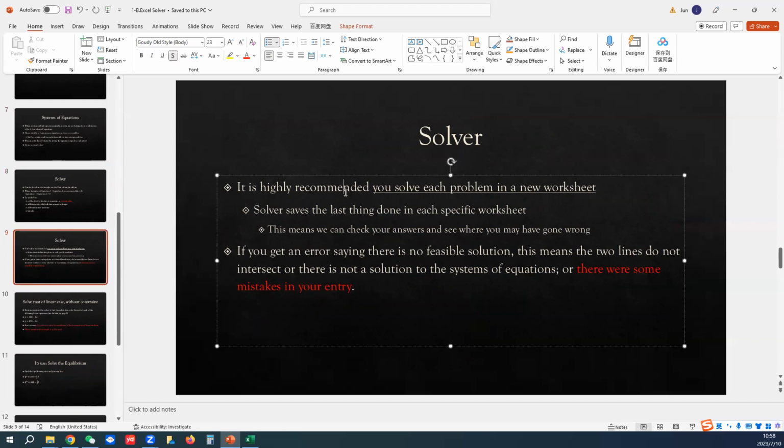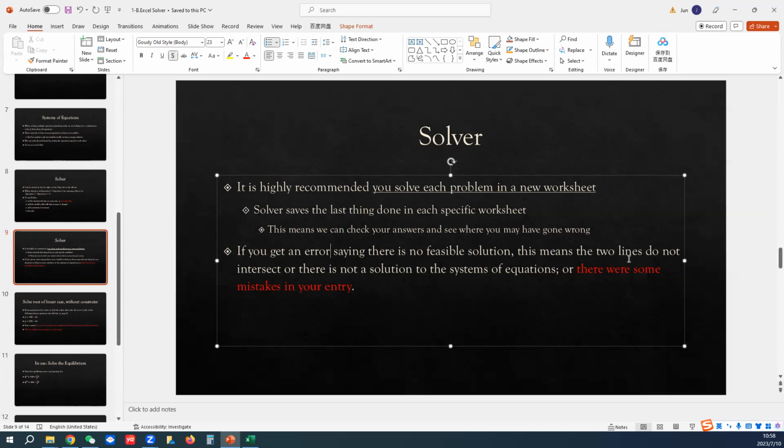One is you didn't follow this protocol, which is that you are required to solve each problem in a new worksheet, because Solver utilizes the cache in your computer, and if you are solving multiple Solver problems in one worksheet, the saved information is going to confuse Solver. Just don't do that.